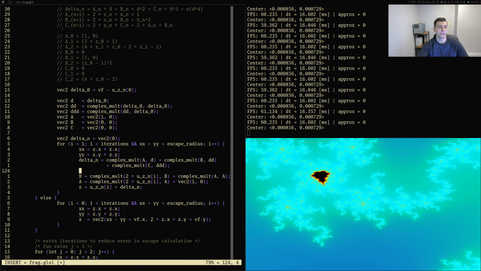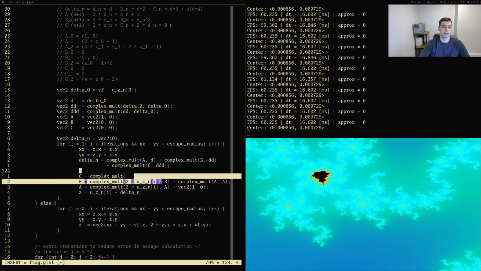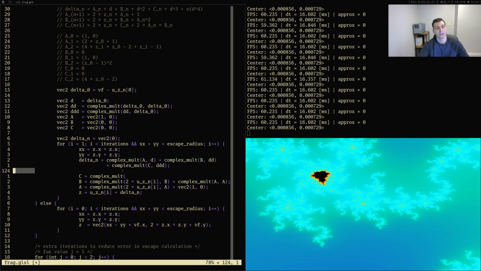Okay, and then C is equal to complex mult. Now, I don't know how much optimization the shader does. It does look like we're just doing this thing over and over again, but it may or may not be okay.